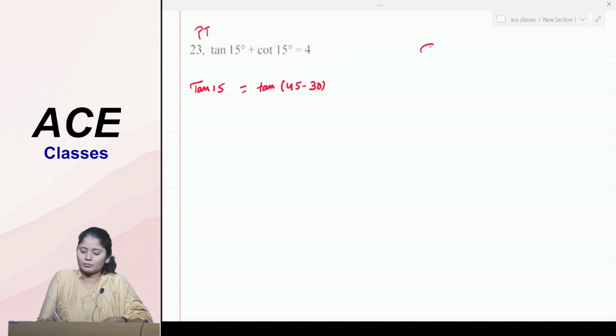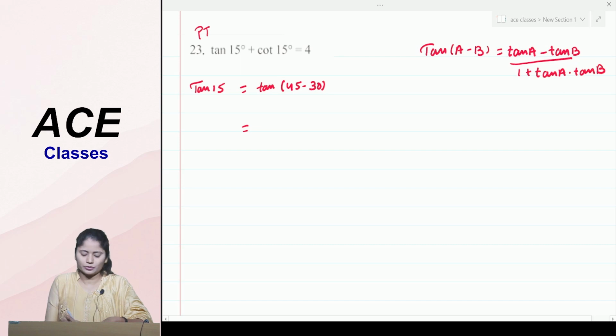So I'll use this formula, that is tan of A minus B. Tan of A minus B is tan A minus tan B over 1 plus tan A into tan B. Now let me substitute here. This is tan 45 minus tan 30 over 1 plus tan 45 into tan 30.